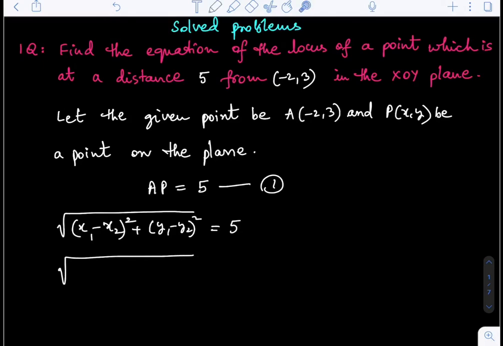You have to compare x1, y1 with -2, 3, and x2, y2 with x, y. So x1 minus x2 means x minus of -2, that is x minus of -2 whole square plus y minus 3 whole square. Y minus 3 whole square means here y, here 3, no? So y minus 3 was taken here.